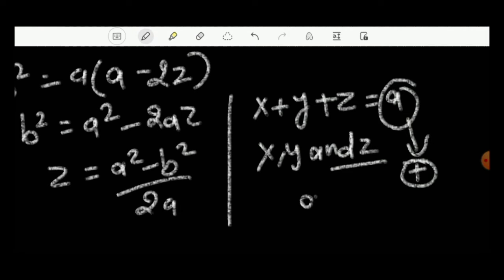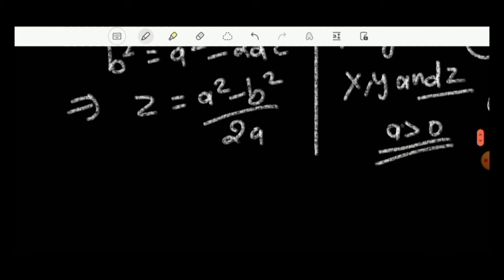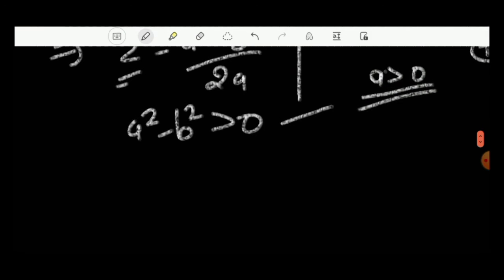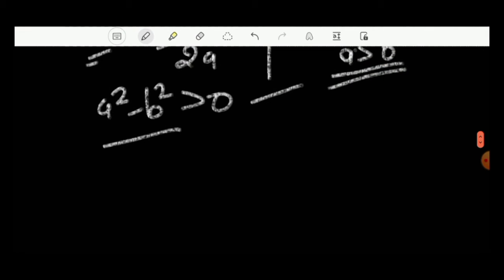So we can simply say that a is greater than 0 is a necessary condition, and since z is a positive number, a square minus b square must be greater than 0. So these two conditions we obtained here, and after solving this inequality we can say that a is greater than mod of b.